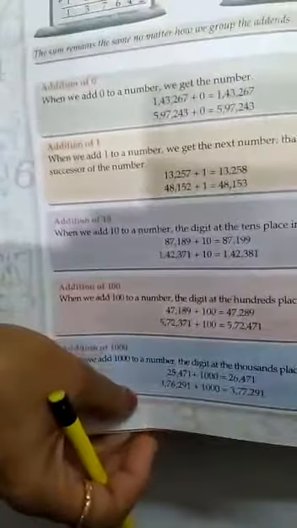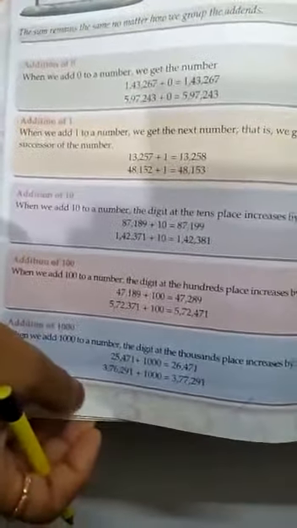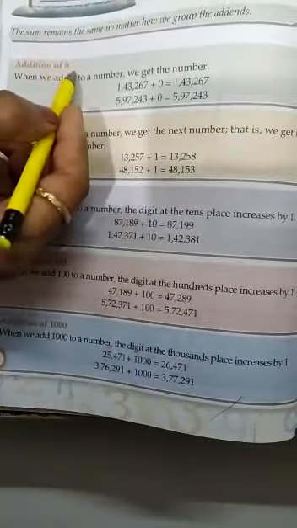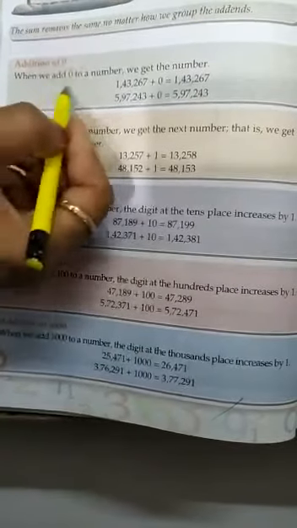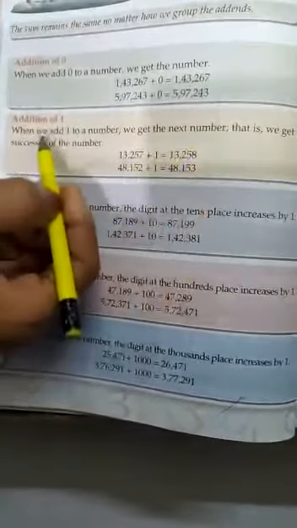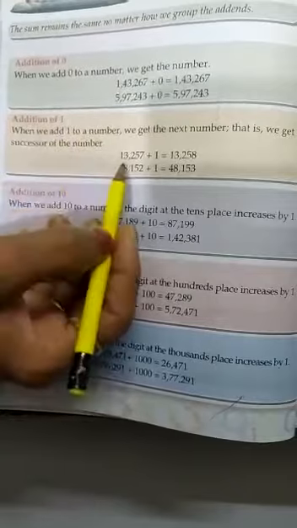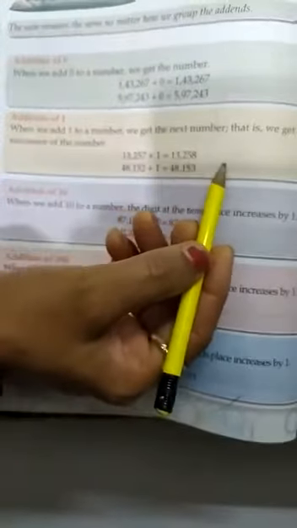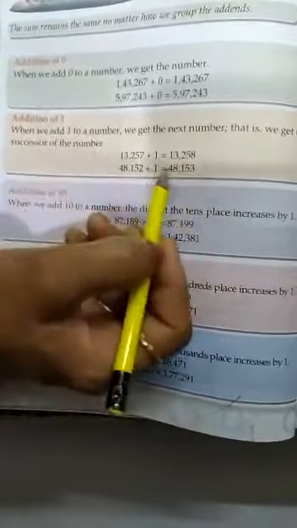Now another property, rules of addition. Addition of 0: when we add 0 to any number, we will get the same answer. Addition of 1: if we add 1 to any number, then we will get the next number, the successor of the number.